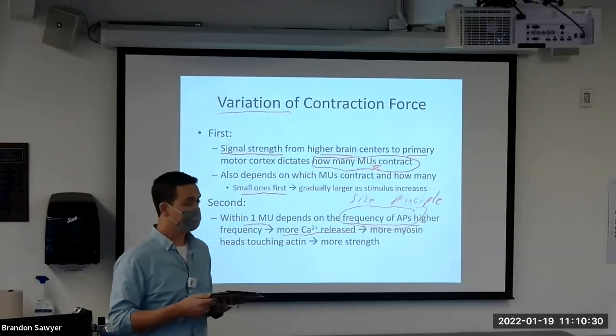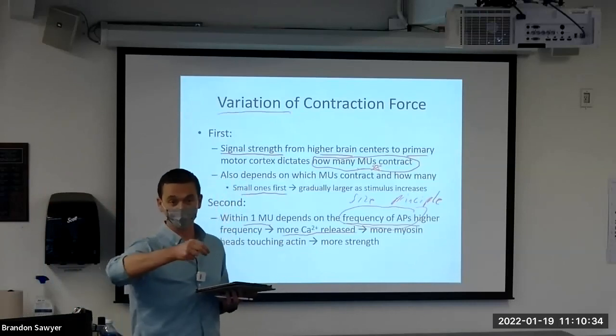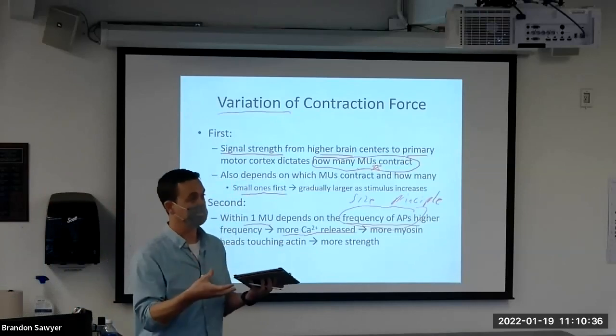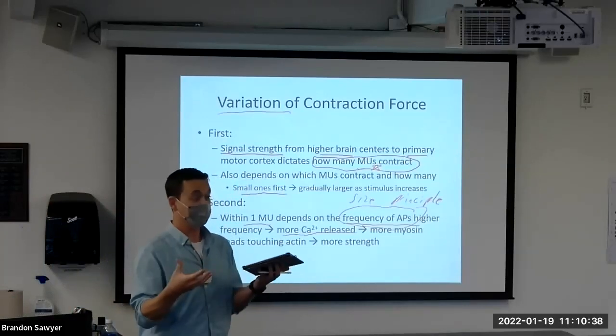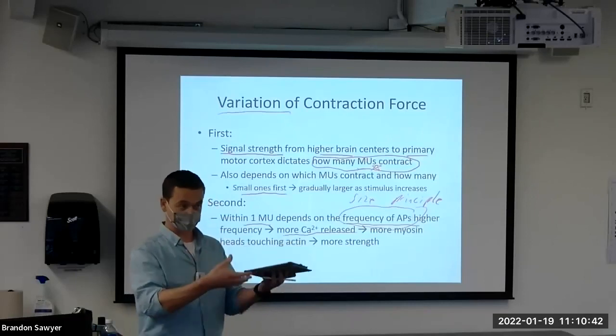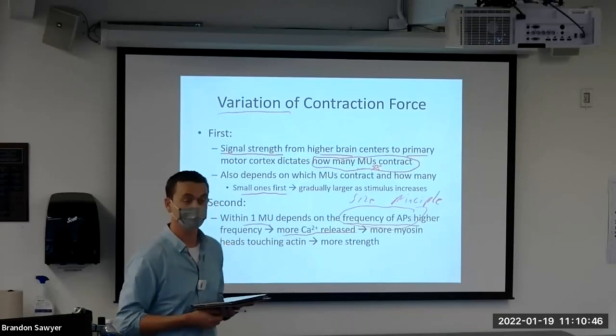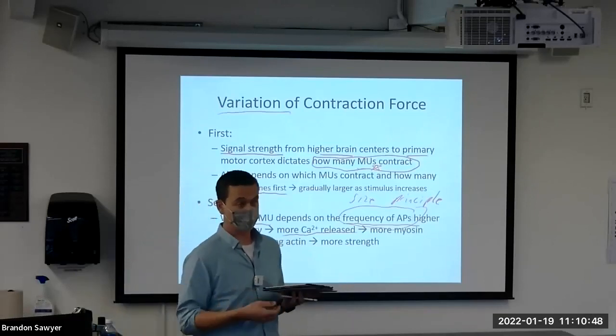But then we also talked about how within each motor neuron, we can change the frequency of the action potential. If we get a higher frequency action potential, we end up getting more acetylcholine release, which leads to more calcium release, which leads to more active myosin binding. So within that single muscle cell, it gets more force.